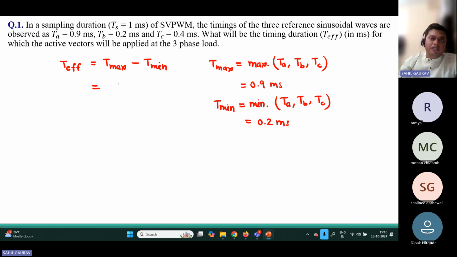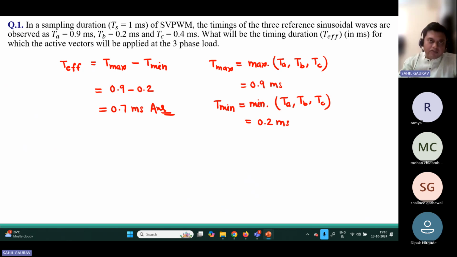So this timing duration will be 0.9 minus 0.2. It will be 0.7 millisecond. So this is the answer.